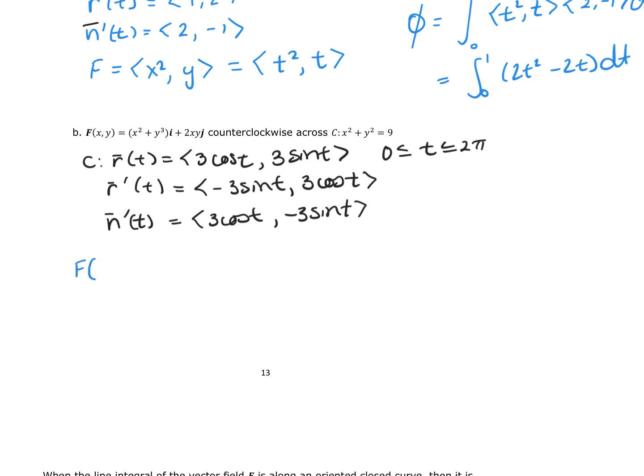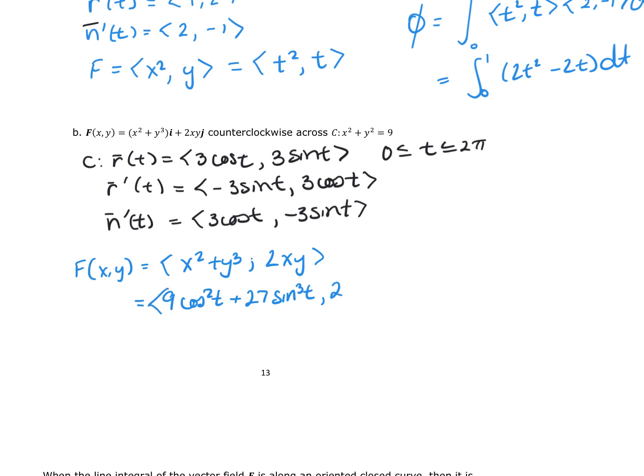My field, in terms of x and y, is x squared plus y cubed, comma, 2xy. So parameterizing this, I'm going to get 9 cosine squared of t plus 27 sine cubed of t.